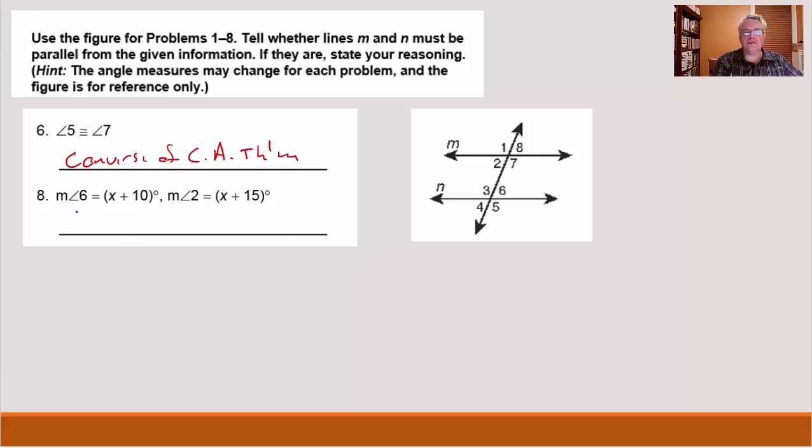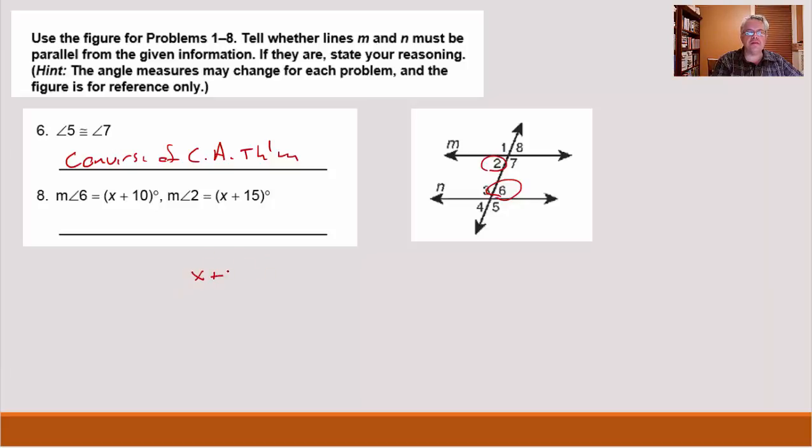All right, this one, if the measure of angle 6 is x plus 10, the measure of angle 2 is x plus 15, so it gives me 2 and 6. Well, it depends on the value of x, right? They didn't give me a value of x here. So since those are alternate interior angles, if they're congruent, the lines would be parallel.